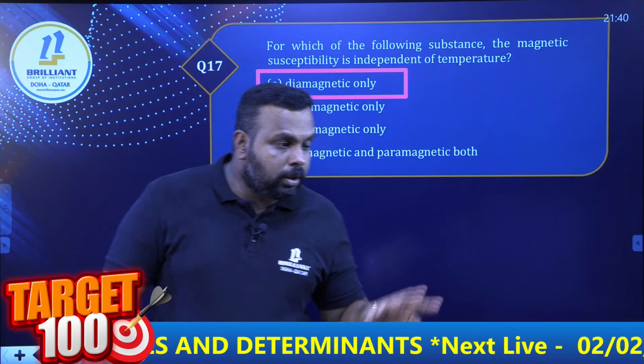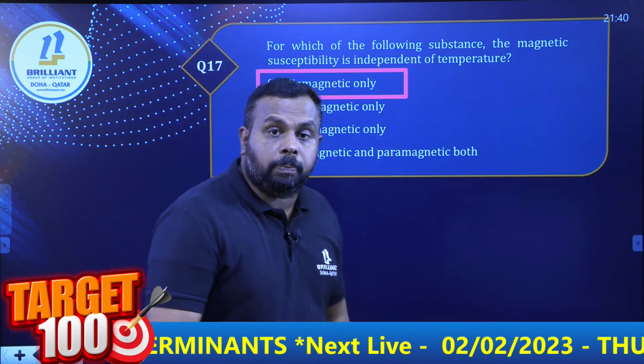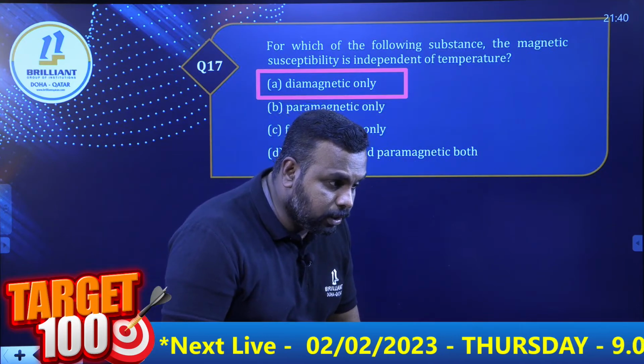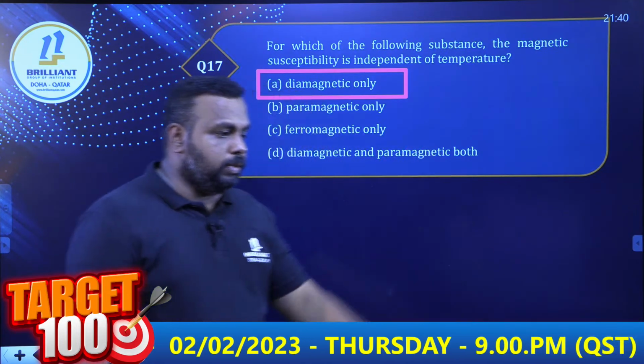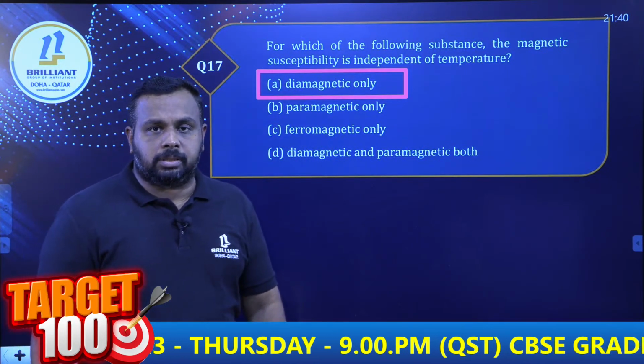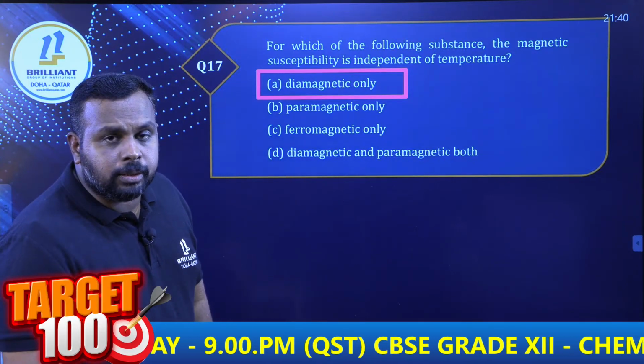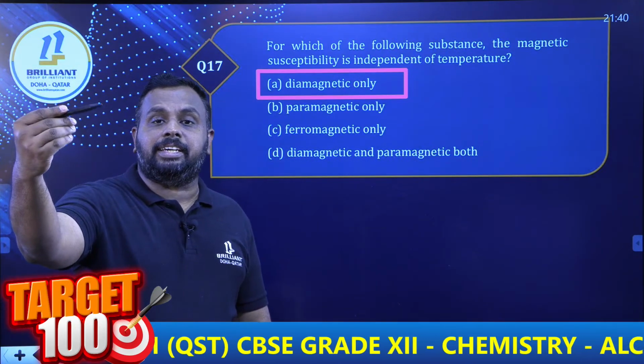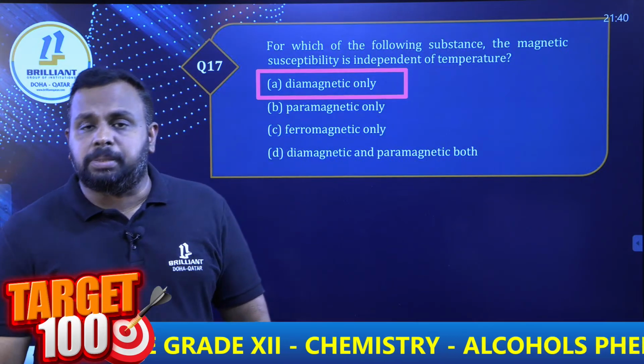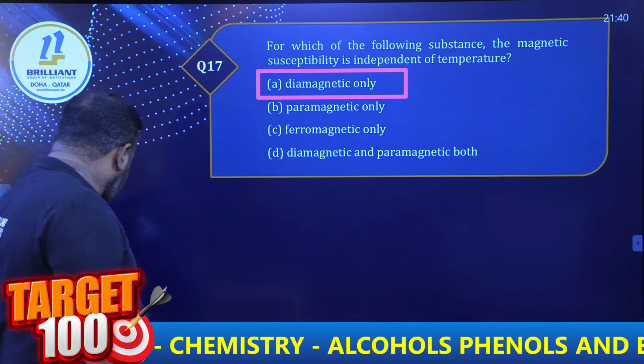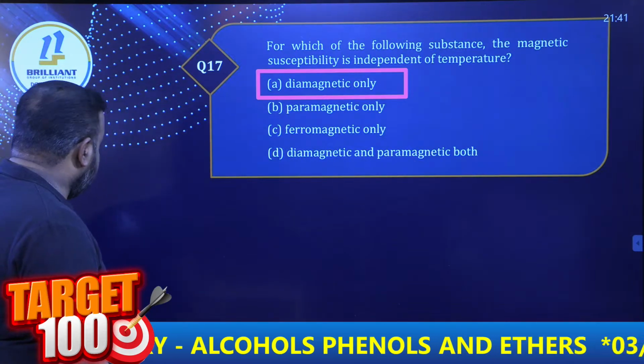But what about para and ferromagnetic substances? Yes, very good. It is inversely proportional to temperature for both ferro and paramagnetic, which means when temperature increases, its susceptibility decreases. Okay, so now we can go to question number 18.